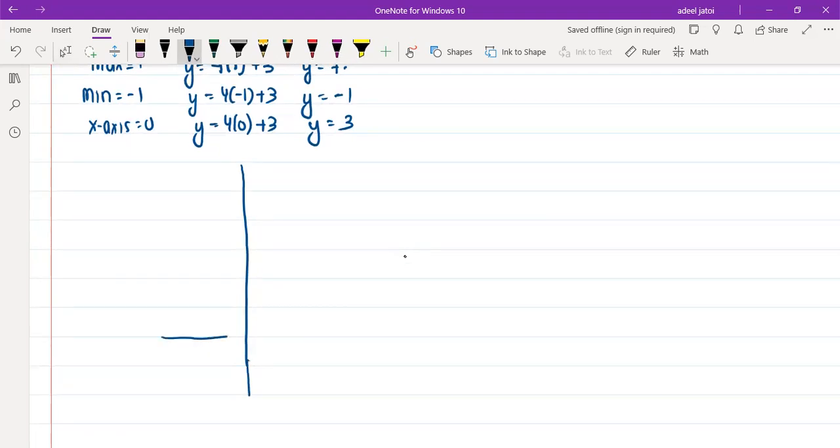I'll make sure that this is your normal x-axis, right? We'll be writing theta here. This is 45, 90, 135, 180, 225, 270, 315 and 360.